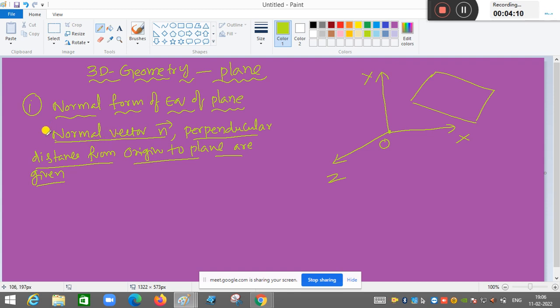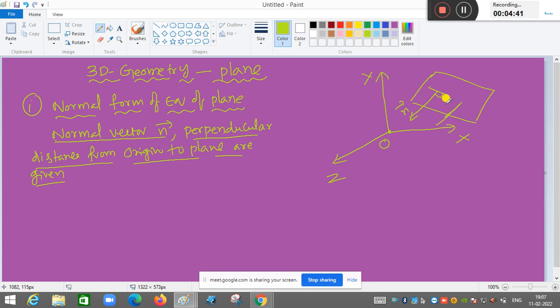This is the plane. If you take any line on this plane, this is perpendicular. This is n bar. Normal vector, not only here, anywhere we can take, no problem.